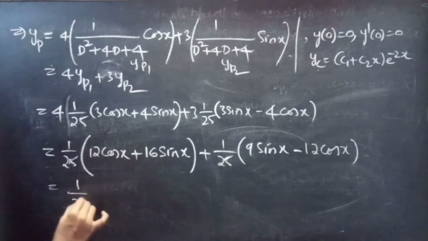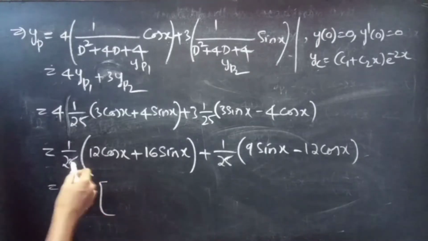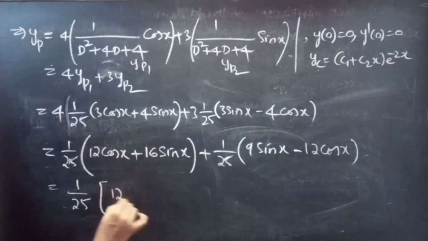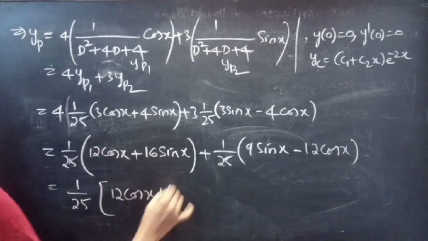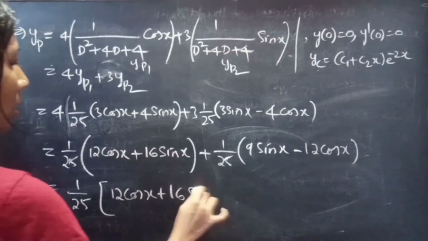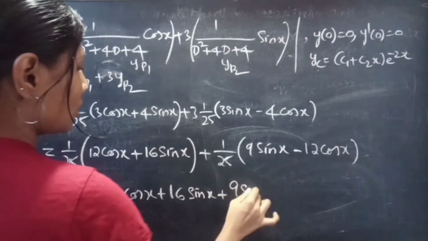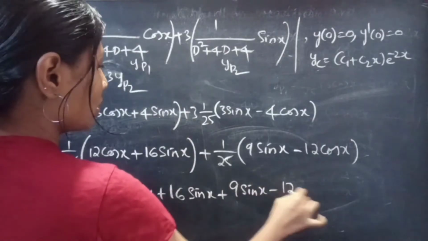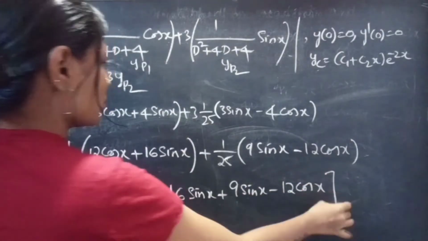Now take 1 by 25 common, then you'll get 12 cos x plus 16 sin x plus 9 sin x minus 12 cos x.